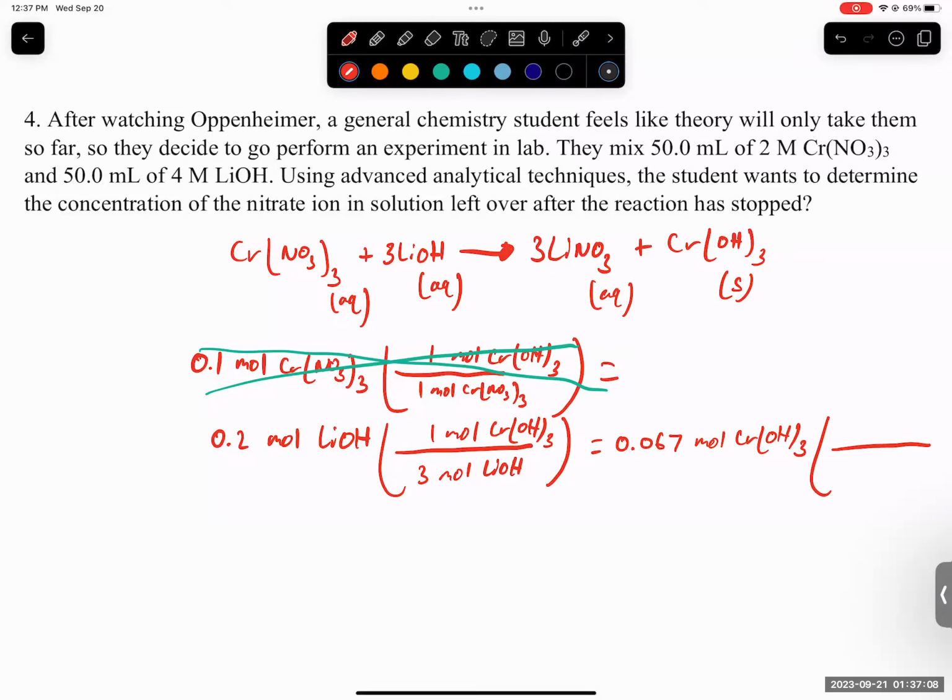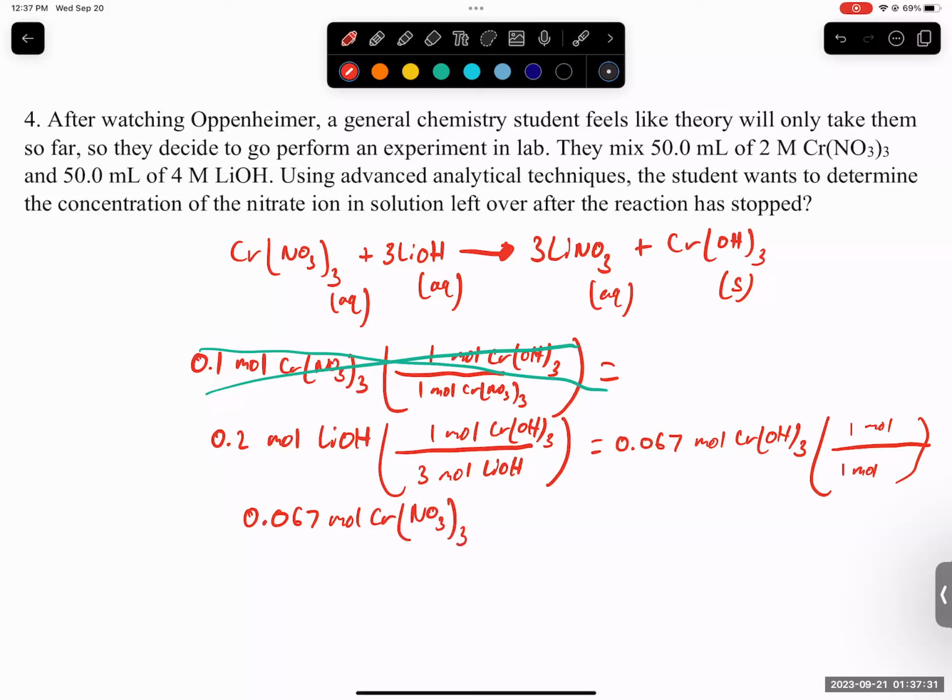For every 1 mole of chromium hydroxide, there is 1 mole of chromium nitrate. So we see that there is 0.067 moles of chromium nitrate.